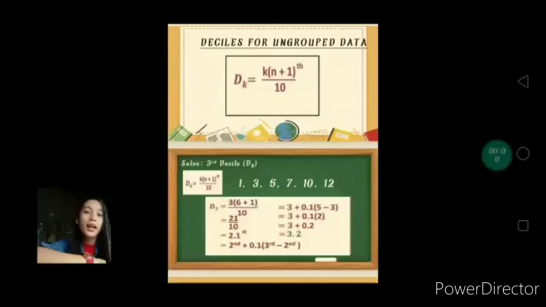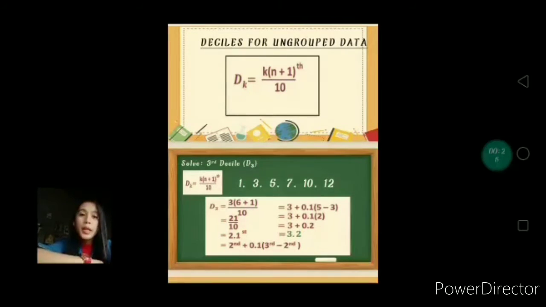Thank you. Move to deciles for ungrouped data. D sub k equals k times the quantity of n plus 1 over 10. Let's solve the third decile. The given numbers are 1, 3, 5, 7, 10, 12.